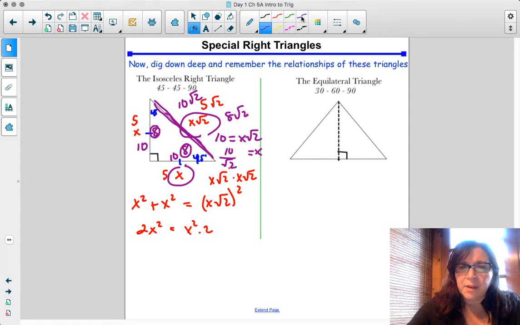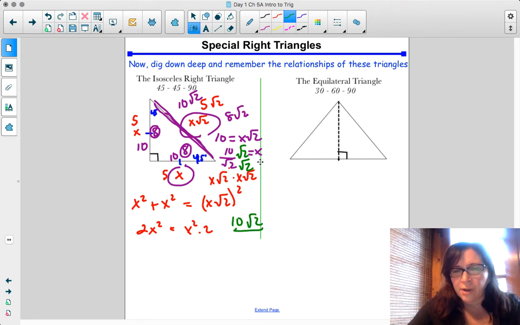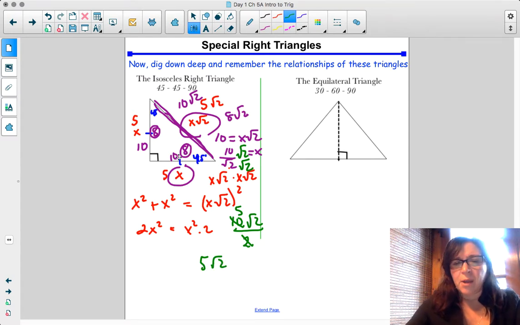And of course, you would never leave a root in the denominator. So you would multiply by 1 in the form of root 2 over root 2. Now you have 10 root 2 over root 2 times root 2, which is root 4, 2. 2 cancels into 10, 5. So I get 5 root 2. This side right here would equal 5 root 2.